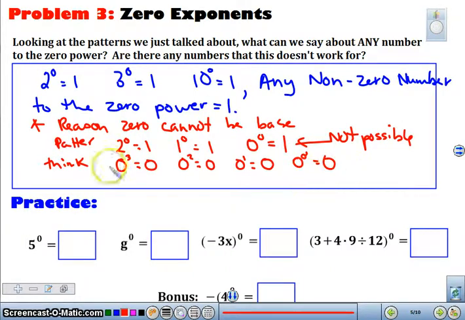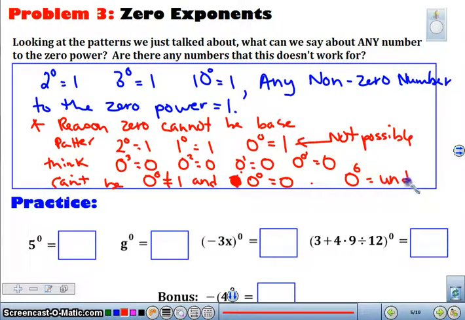It can't be both. 0 to the 0 cannot equal 1 and cannot equal 0, so it is undefined, the same as division by 0.